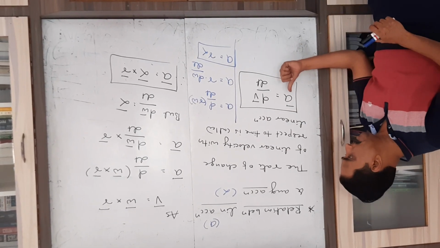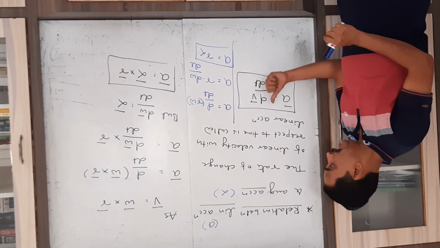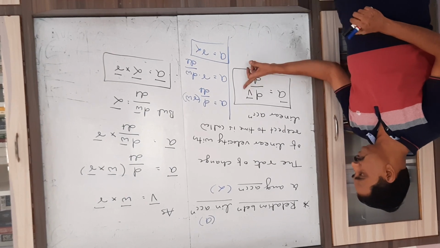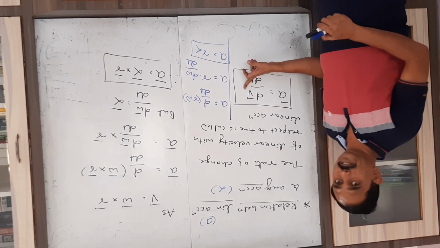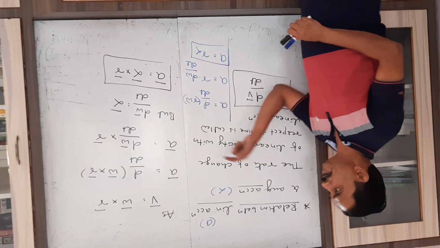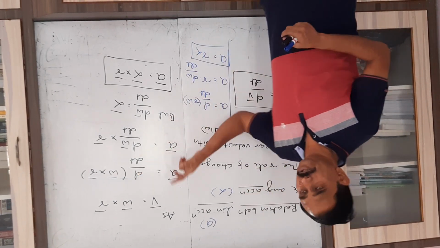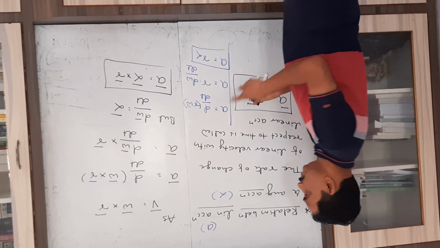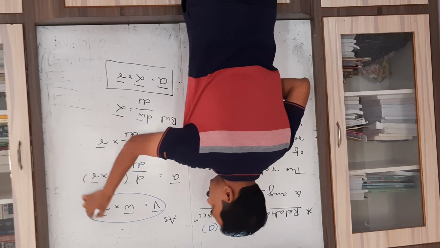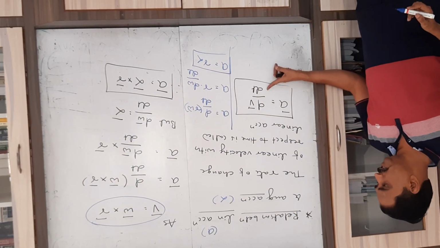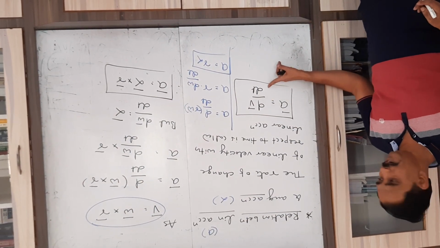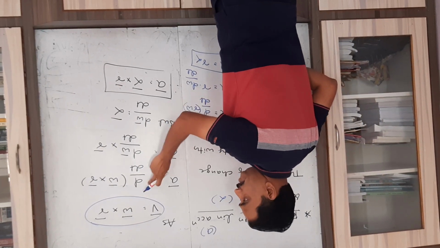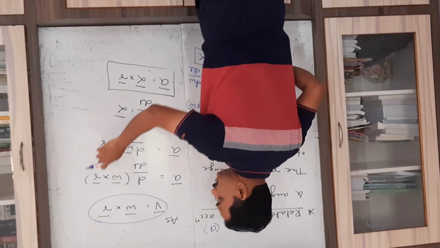So we write linear acceleration equal to dv by dt. Now if we consider the value of linear velocity in vector notation, we can write v equal to omega cross r. If I put this value in dv by dt, then linear acceleration equals d by dt of omega cross r.